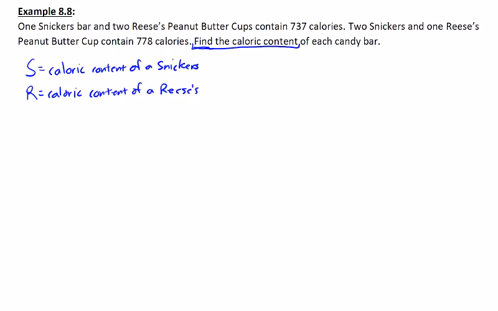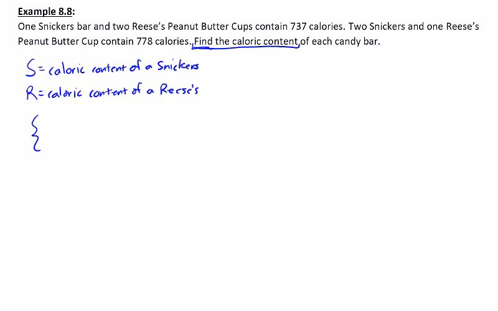So with that, 2 variables, I know that I have to have 2 equations to go with that. So let me start working on my system. And the very first sentence says 1 Snickers bar and 2 Reese's peanut butter cups will contain 737 calories.